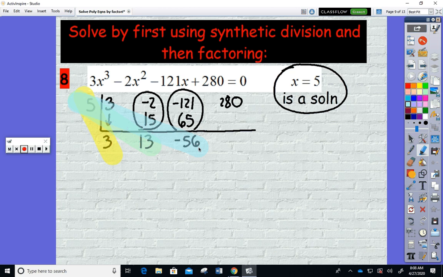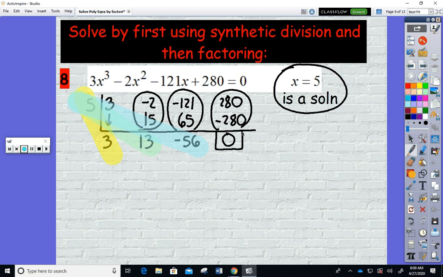I'm doing this on my calculator. 5 times negative 56 does turn out to be negative 280. And I know that this is a remainder and that the remainder must be 0 if, in fact, 5 is a solution. So that tells me I'm doing okay on my synthetic division.